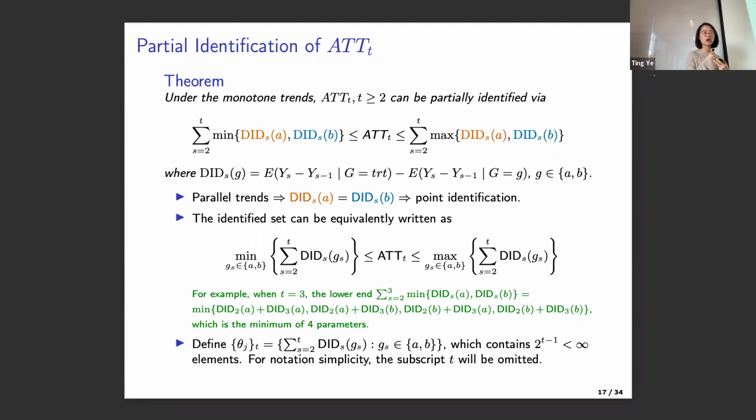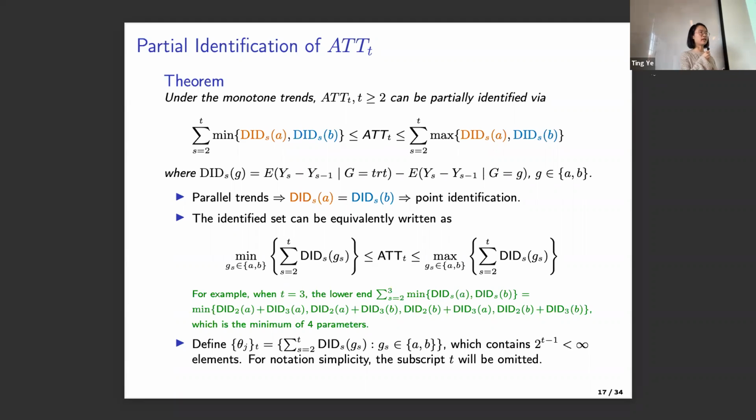In the next slide, I will talk about the inference. In order to prepare for the inference section, we noticed that the identified set can be equivalently written as this: the minimum of all the possible combinations and the maximum of all the possible combinations. For example, when t equals 3, the lower end will be the minimum of all 4 different parameters, which are all the possible combinations for the sum.